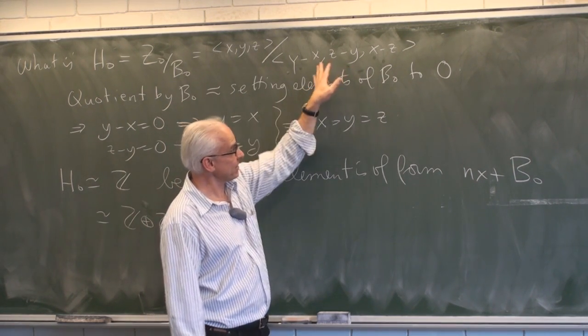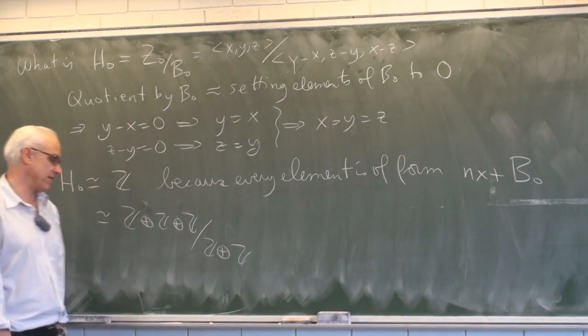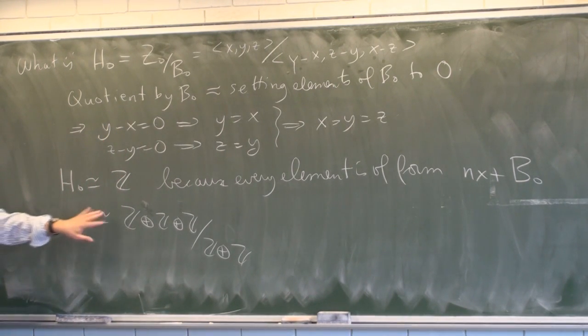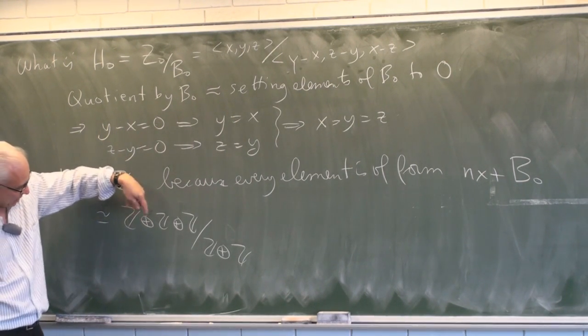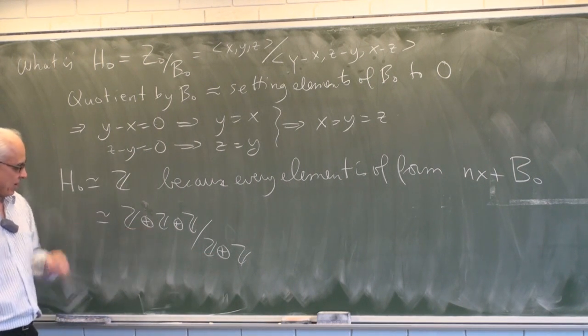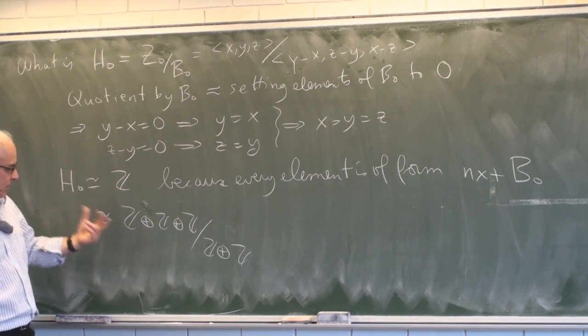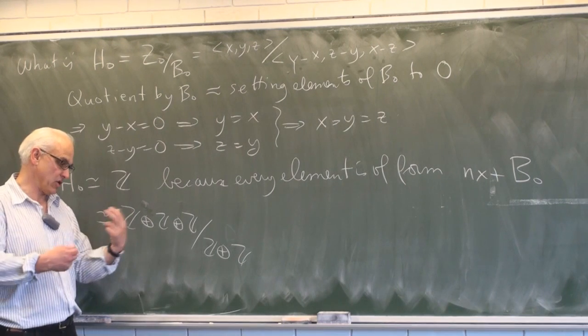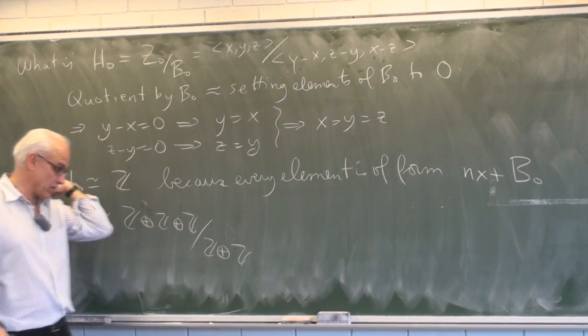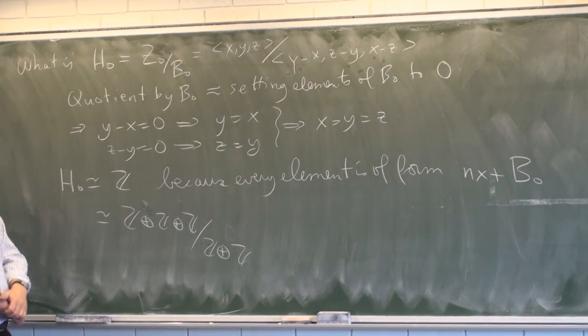And so as a group, it's really isomorphic to Z plus Z. This is a little bit vague because it's not entirely clear how this Z plus Z sits inside here, but you get the idea that we've got some group with 3 generators and we're modding out by a group of 2 generators. In this case, we get a group of 1 generator, Z.